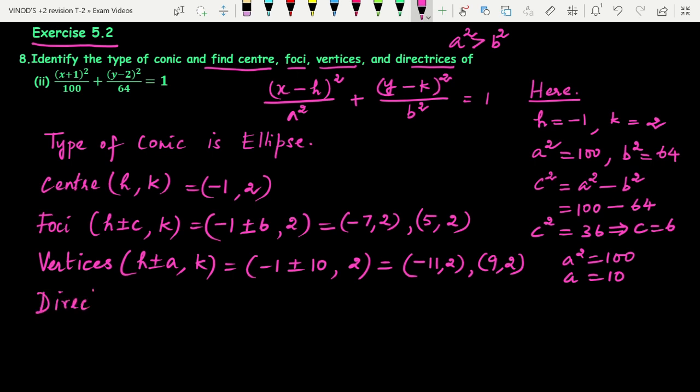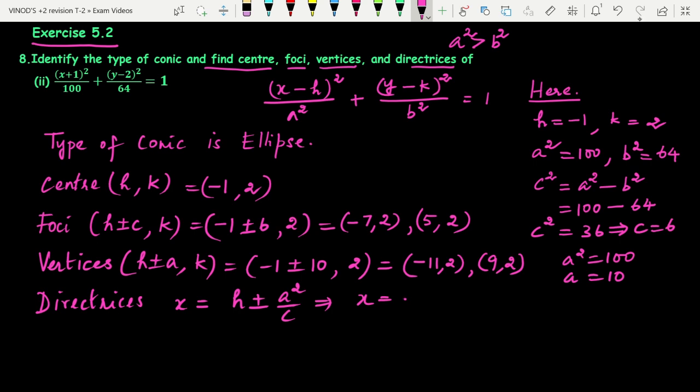Now directrices. It is a horizontal ellipse because you have the greater denominator below x square. It is a horizontal ellipse, so x is equal to h ± a square by c.